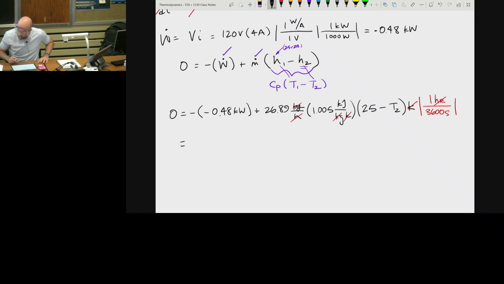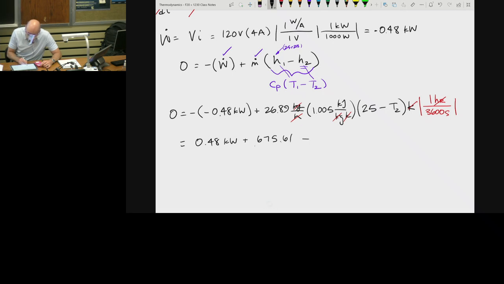Now we can add these two things together. Let's see what we have. We have 0.48 kilowatts plus 26.89 times 1.005 times 25, we're going to get plus 675.61, minus 26.89 times 1.005.